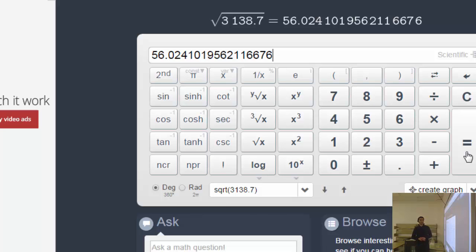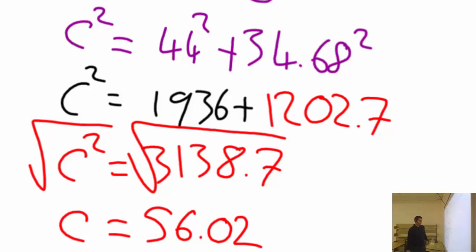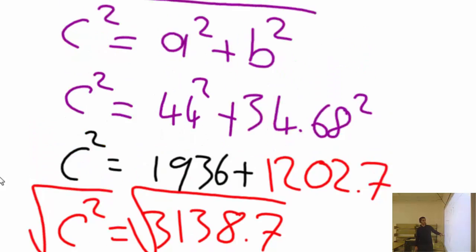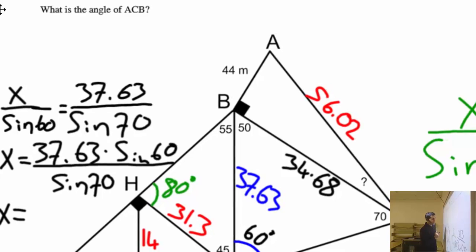The third digit after the decimal is 4, so I'm not going to add one extra. 56.02. So C is 56.02.